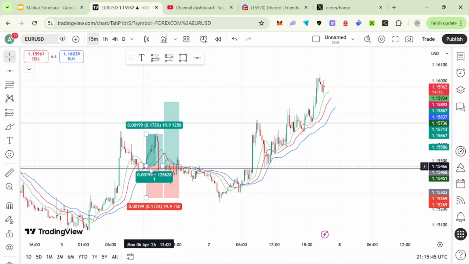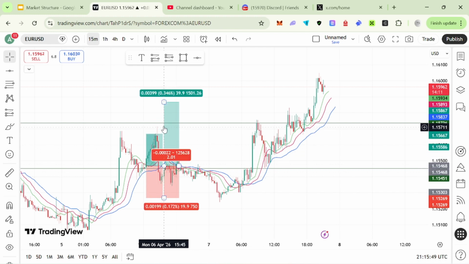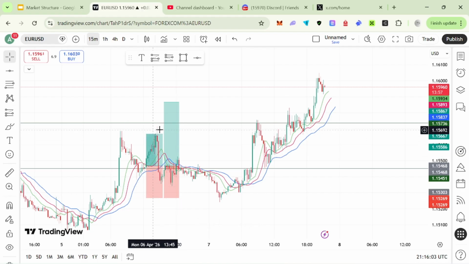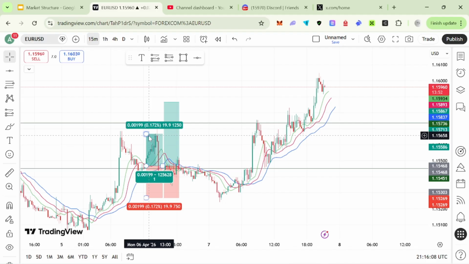So now he's left with only 50% running, and trader B is waiting for the final target because he has to be right. So you can see that trader A took profits, price eventually went down and hit the stop loss, and trader A made 50% and lost the remaining 50%.